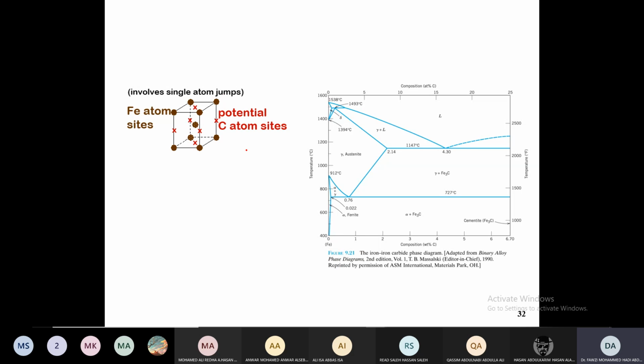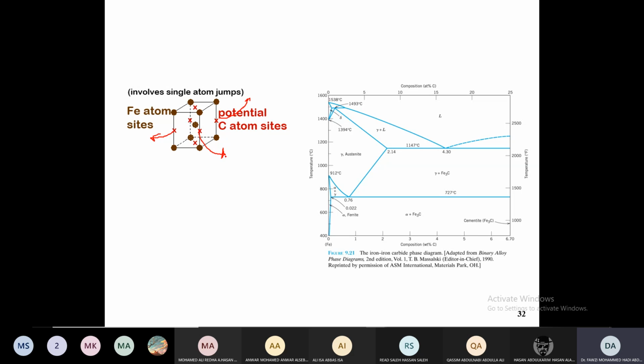The carbon atoms are going to be allowed to diffuse out. The carbon atoms will come out. Why? You are raising the temperature now, and you are energizing. You are giving energy to the carbon atoms, and you are making the distances between those iron atoms bigger, so you are allowing them to escape now.